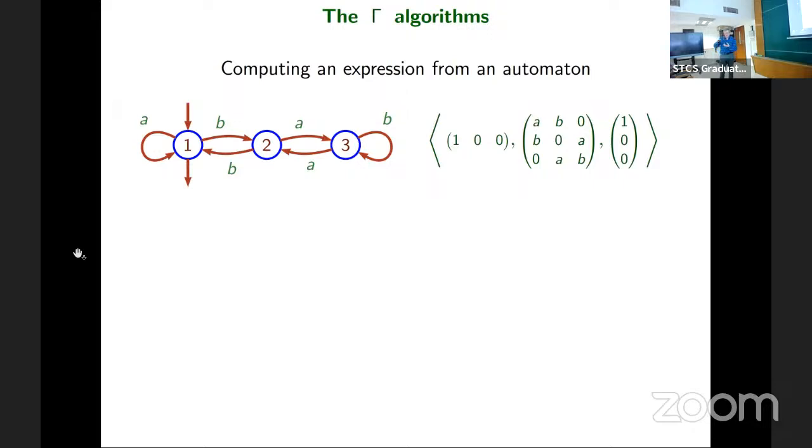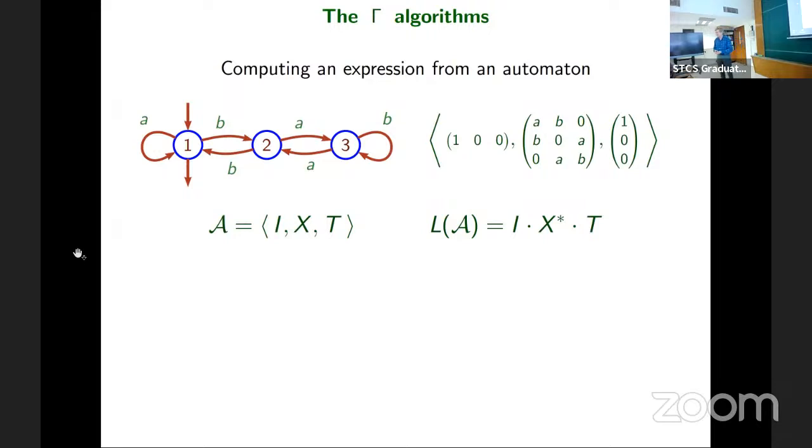And the important thing is that traversing the graph is equivalent to multiplying the matrices. This representation works and is useful. In total, the language, the set of words that are accepted by an automaton, is given by this formula: I multiplied by the star of the matrix X, multiplied by T, and the star of the matrix X is the sum of all powers of X.